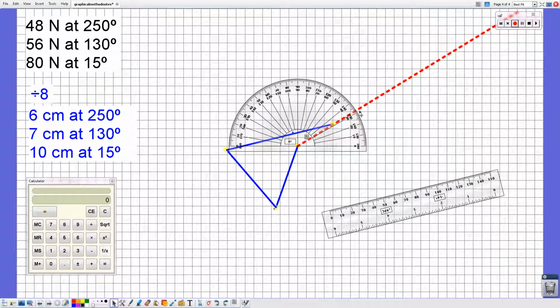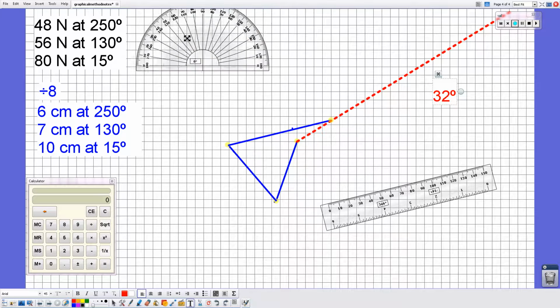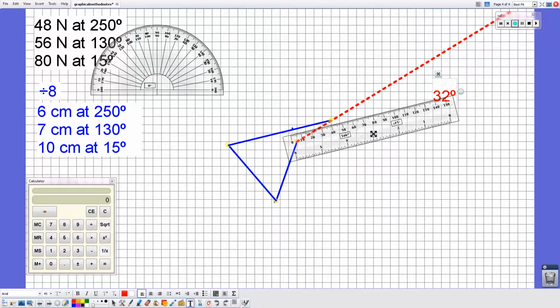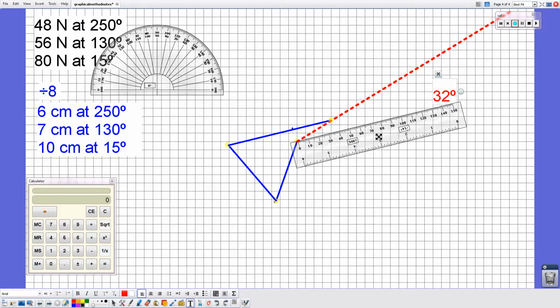All right, so that looks like 32 degrees. Now I just need to know what the length is. All right, so that over there. Oh, wait. Yep, nope, sorry, I did it right. This is my beginning.